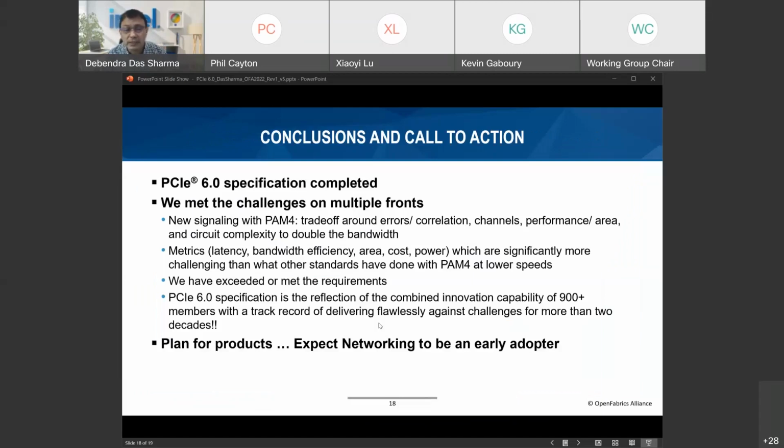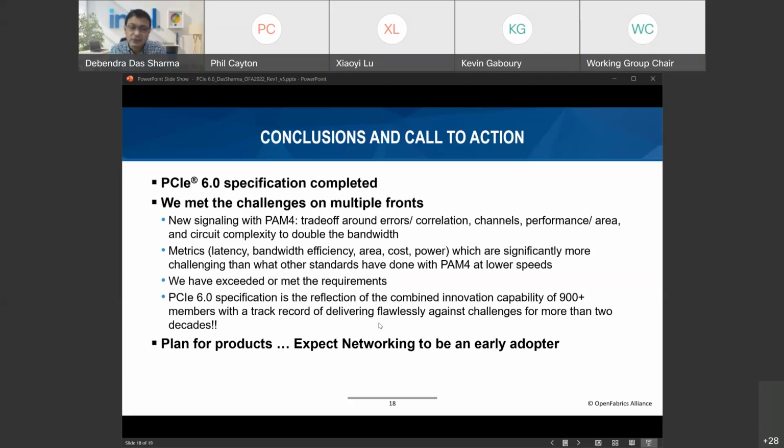Definitely, it was a very challenging thing. We took some fairly unique approaches in terms of how we dealt with errors with PAM4 signaling. Again, it was necessitated because of very stringent power requirements and very stringent latency requirements, because a lot of our memory kind of applications, and PCIe is also a DMA kind of application, have latency sensitivity, and we have very high reliability requirements and all of those things.